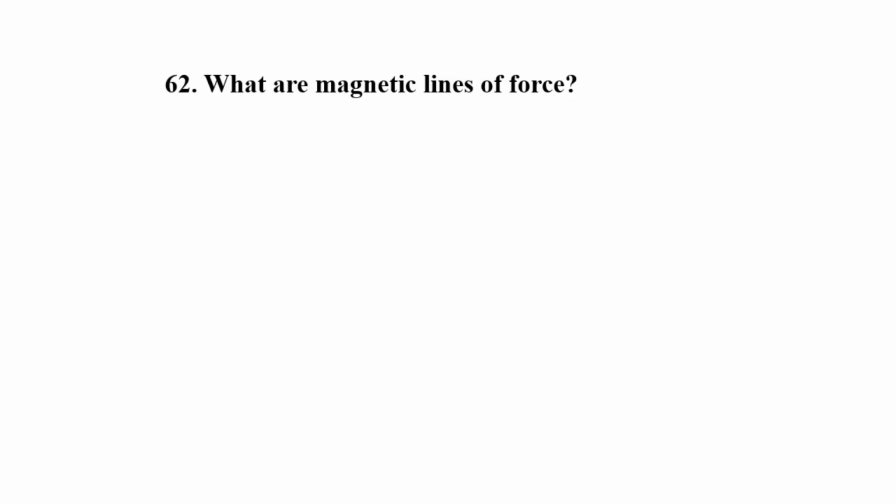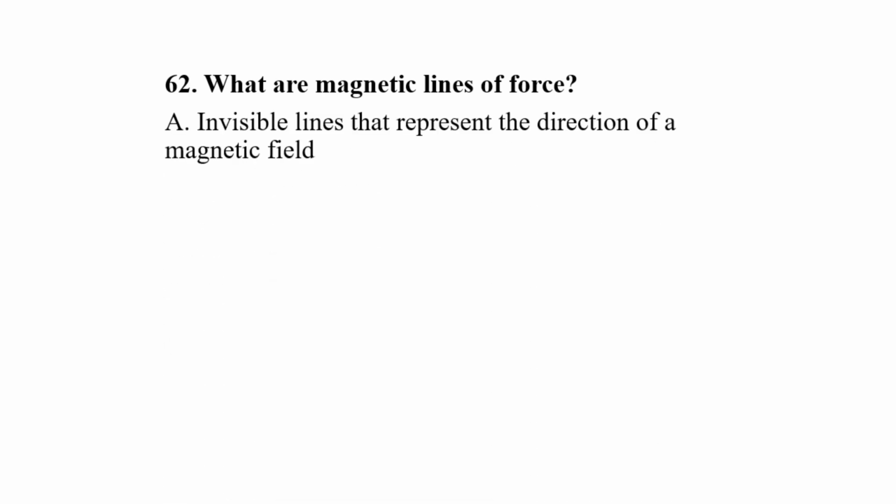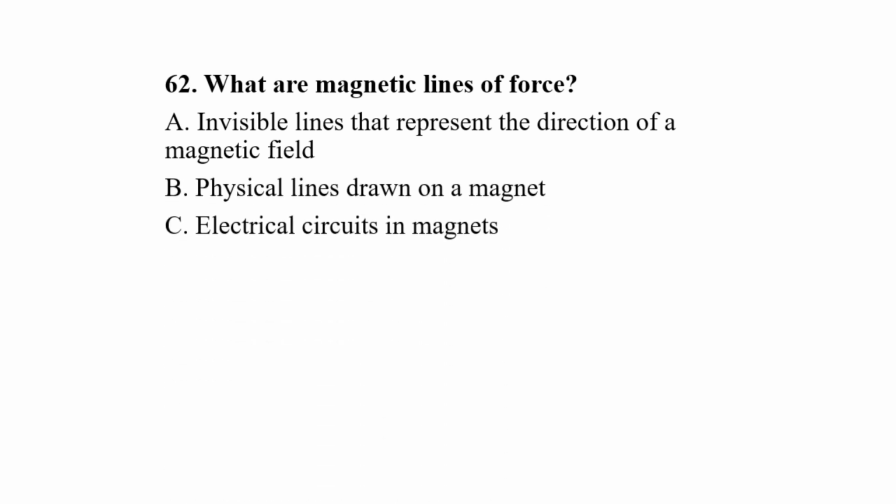Question number 62. What are magnetic lines of force? A, invisible lines that represent the direction of a magnetic field. B, physical lines drawn on a magnet. C, electrical circuits in a magnet. D, areas where magnetism does not act.